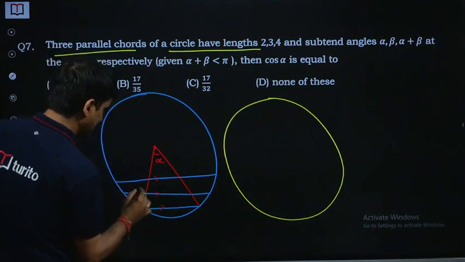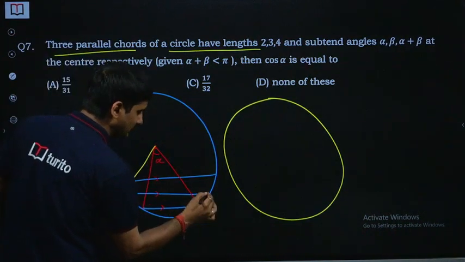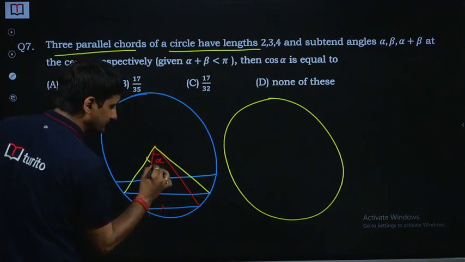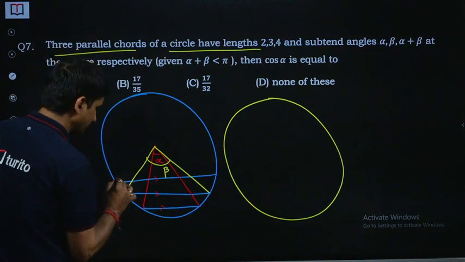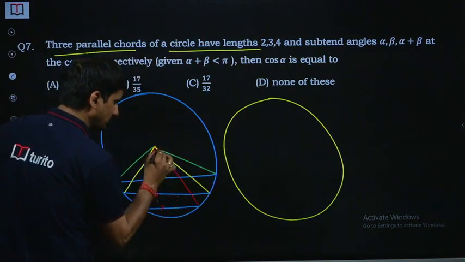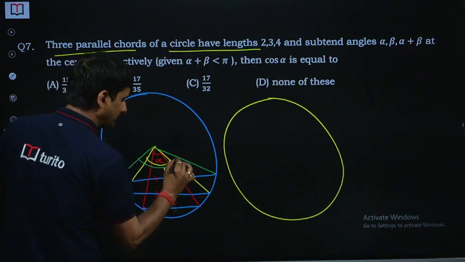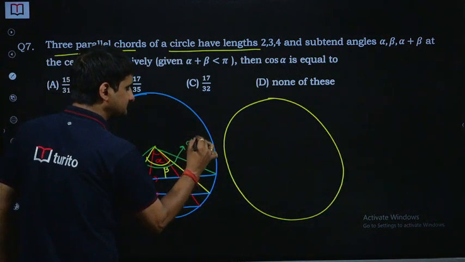Then the second one, which is of length 3 units, subtends beta. And then the third one, which is of 4 units length, subtends alpha plus beta.